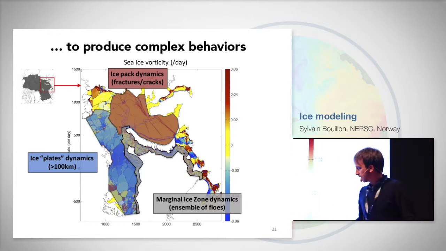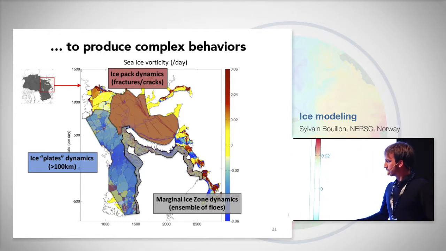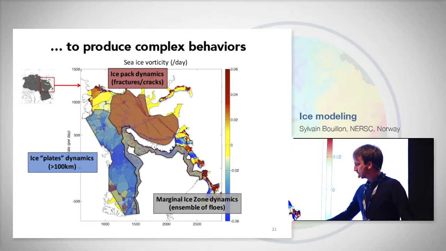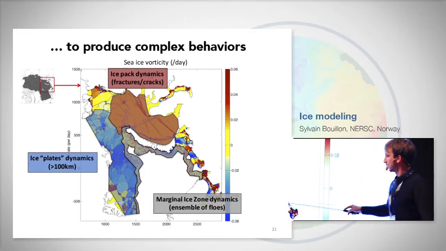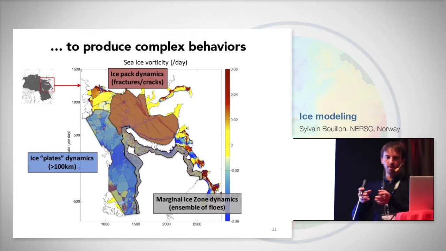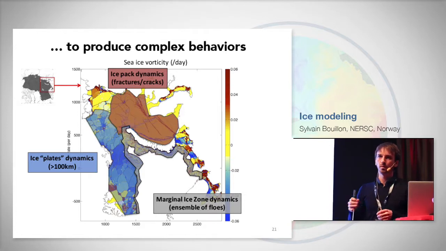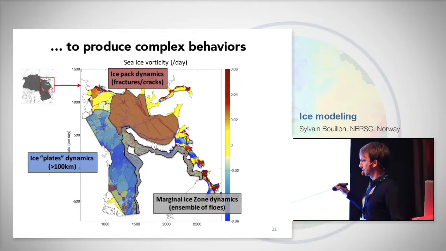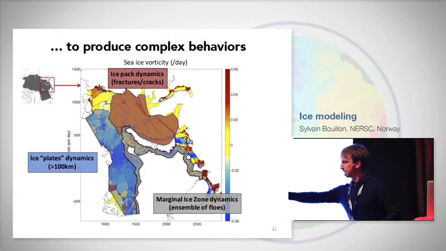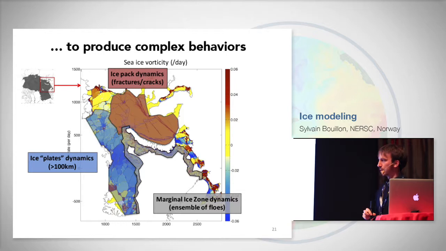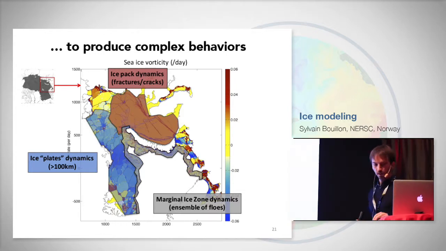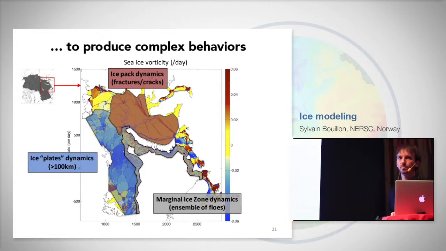And then close to the open water, between the ice pack and the open ocean, we found a region with many small pieces. All the ice is almost damaged in this region. This is very similar to what we observe in the marginal ice zone. So that was the first type of results we got a few years ago.